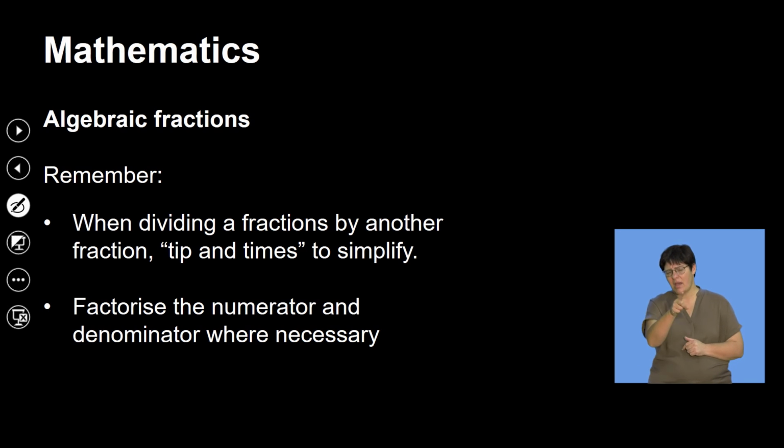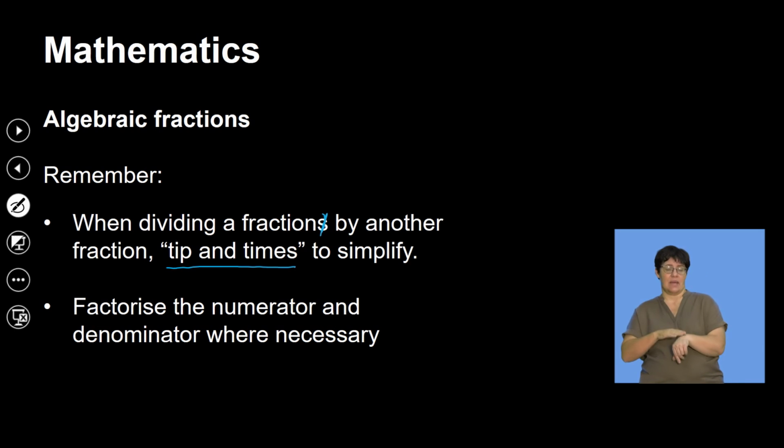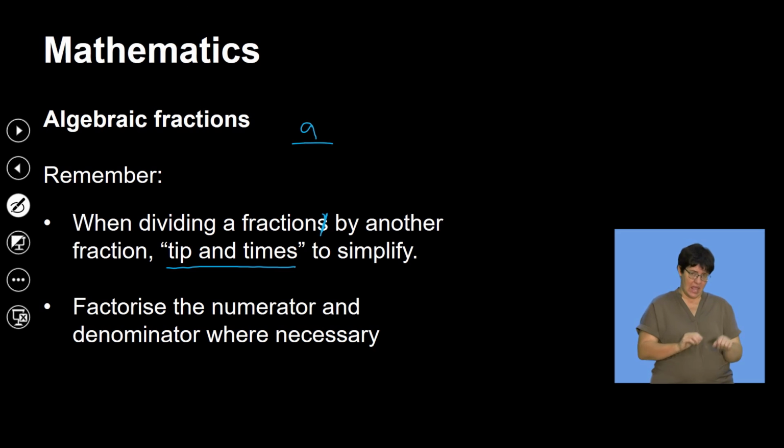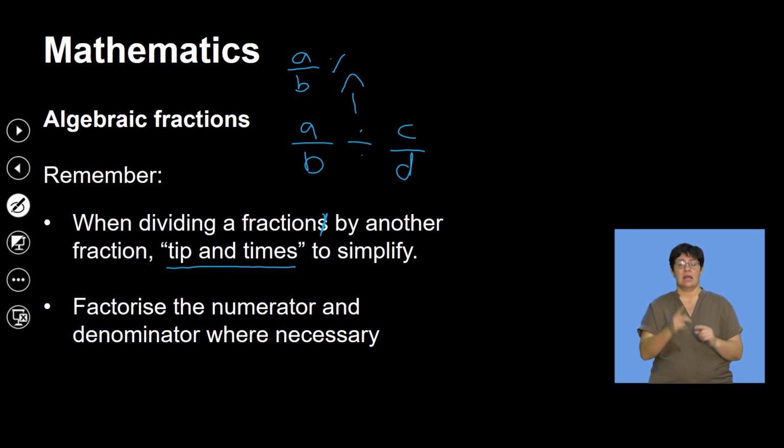Remember, when dividing a fraction by another fraction, you always need to do what we call the tip and times, right? To simplify. Tip and times means if it's a over b divided by c over d, this is going to be the same as a over b multiplied by d over c.